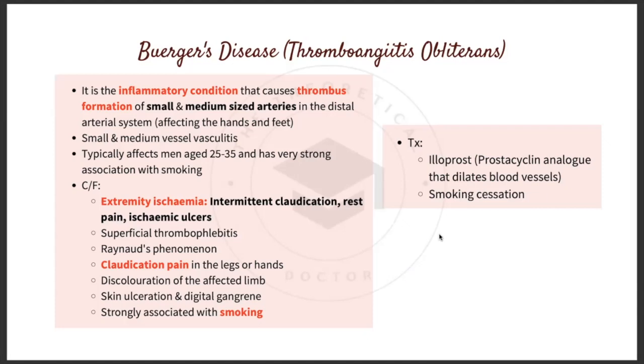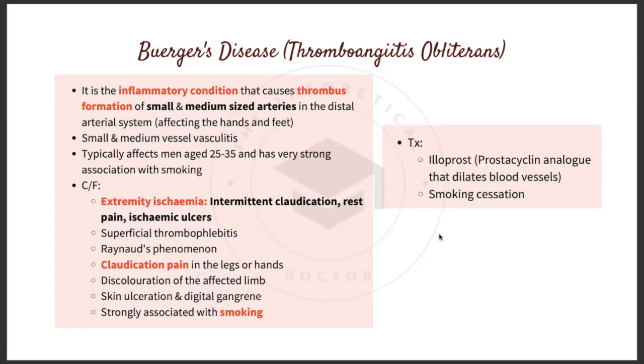So some clinical features to take note over here. There is extreme ischemia. So first, they may have intermittent claudication. So intermittent claudication, pain that comes and goes, and the pain usually comes with exertion and disappears with rest.